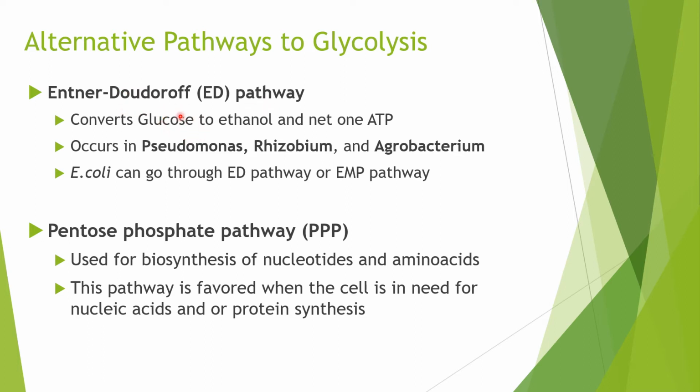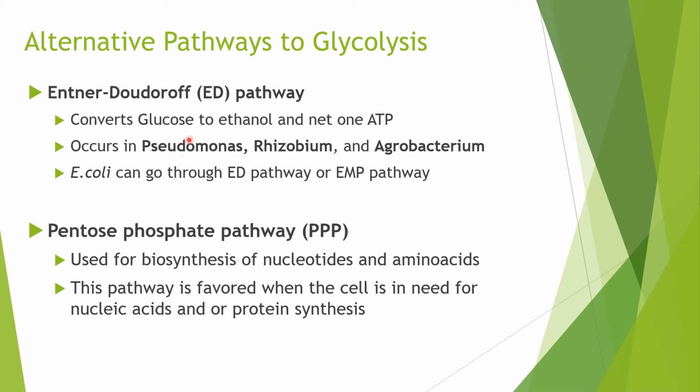Glucose is again the main nutrient being used, and glucose is usually converted to ethanol. It usually yields 1 ATP instead of 2, as in the EMP pathway. So there are some differences in the products that are going to be released if the bacteria goes through this pathway.